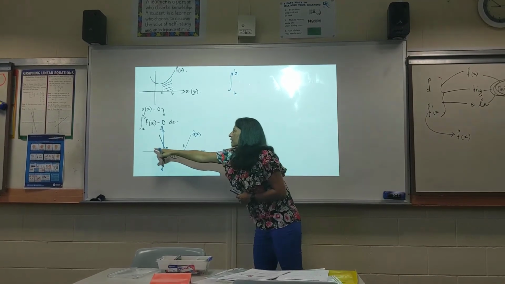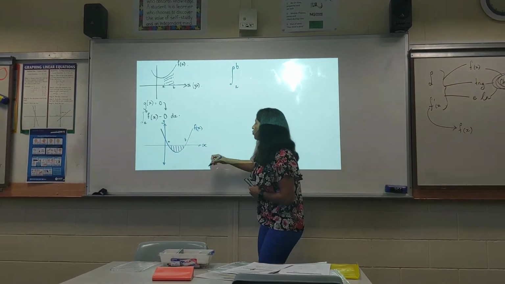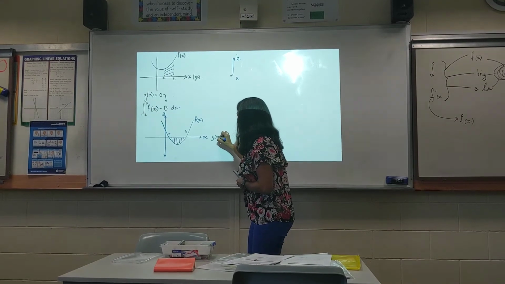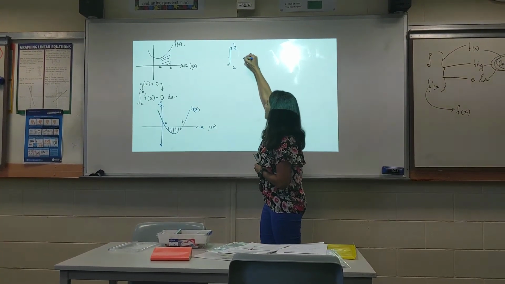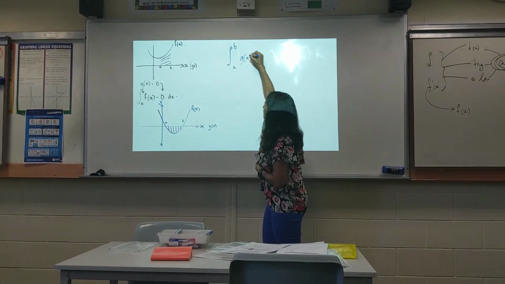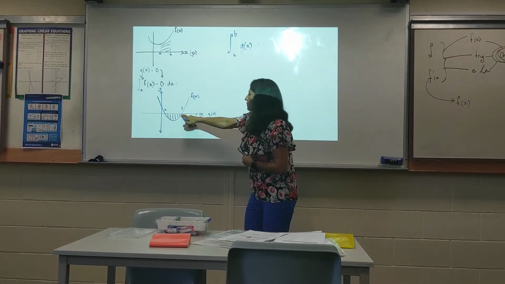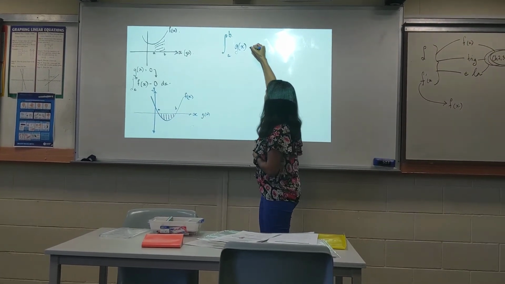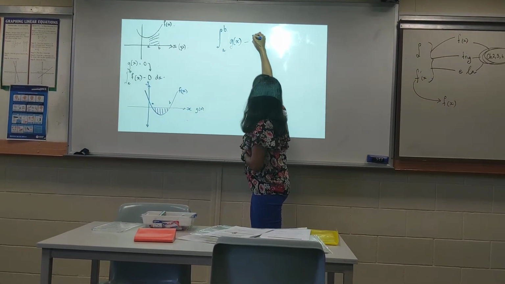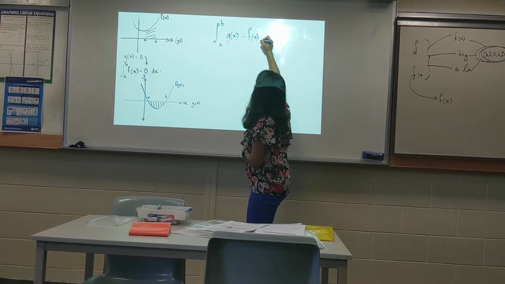So now I've got the upper space being, and if I call it g of x again, just because that's so much fun, I say that's my upper space, got my g of x, and I'm going to subtract minus my f of x.